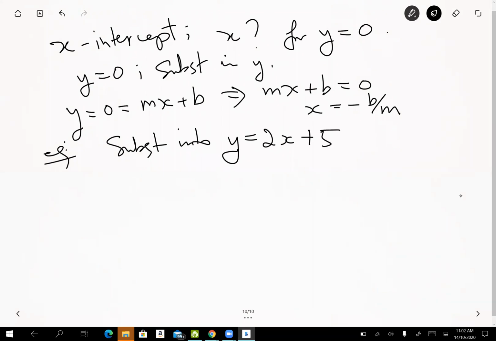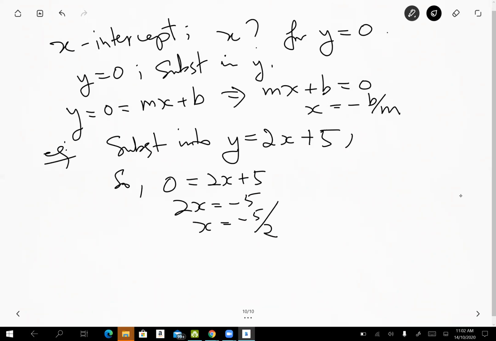So what you get will be 0 equals 2x plus 5. So what is x? You do the switching, you get 2x equals negative 5, x equals negative 5 over 2. So it will be negative b over m, all right? Negative 5 over 2 equals negative 2.5. So the x-intercept will be (-2.5, 0).